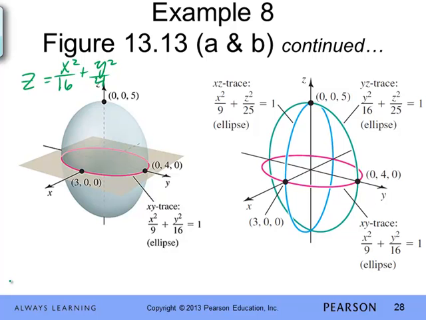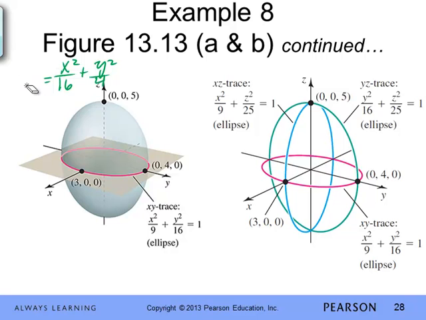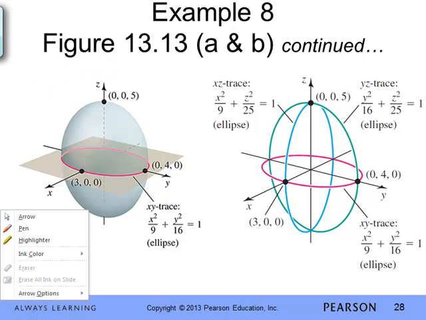Let me check something out here real quick. Sorry, I got this one wrong. I thought that this looked really weird. Erase that. This has a different equation. I wrote down the equation of a paraboloid, elliptic paraboloid.